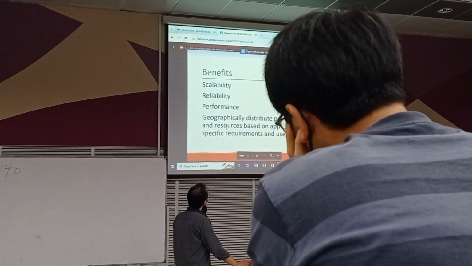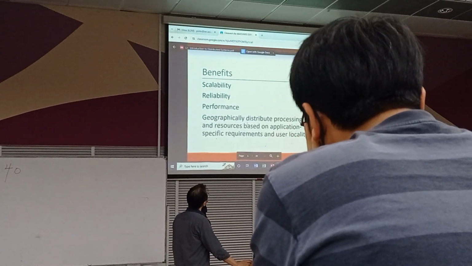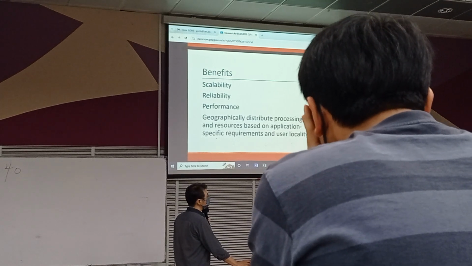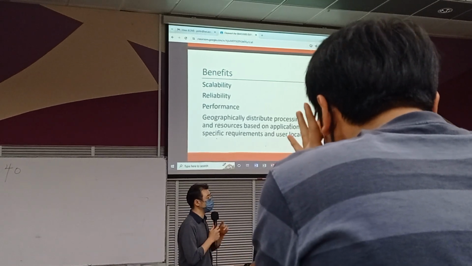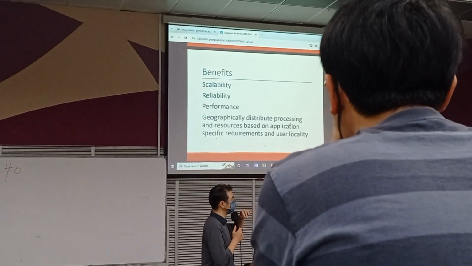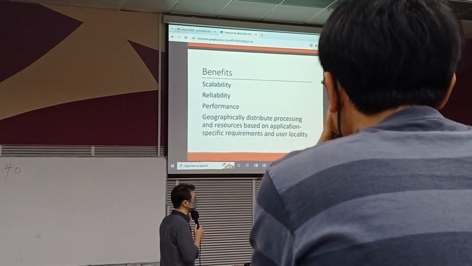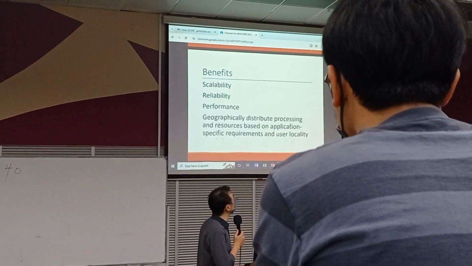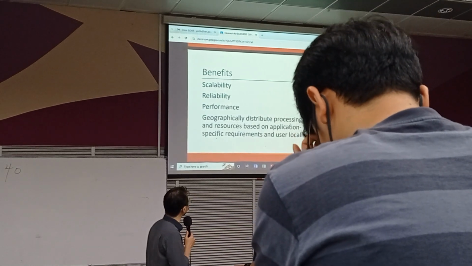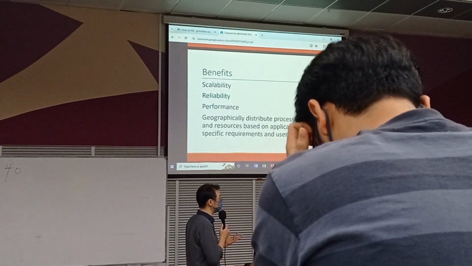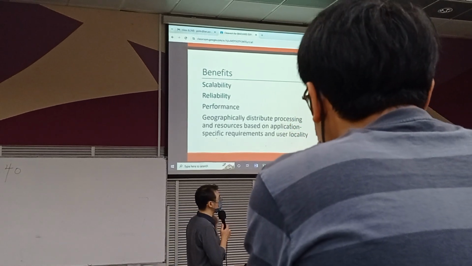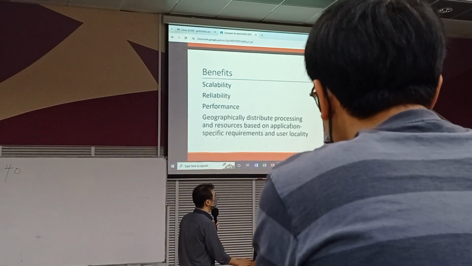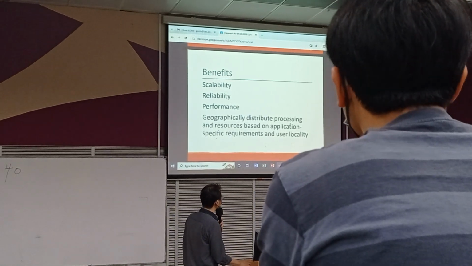You can geographically distribute your resources or your servers into different localities, so that you can access faster as well. Let's say, for example, I'm in Malaysia. If I access the Microsoft server, it's not necessarily that when I type in Microsoft.com, I'll be accessing the server in America. Not necessarily like that, because of what I mentioned to you, load balancing. When it knows that my location is Malaysia, it will direct me to the server in Malaysia. But of course, that server is owned by Microsoft as well.